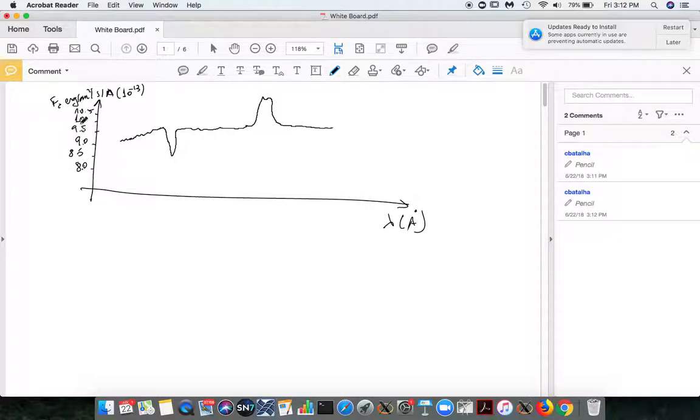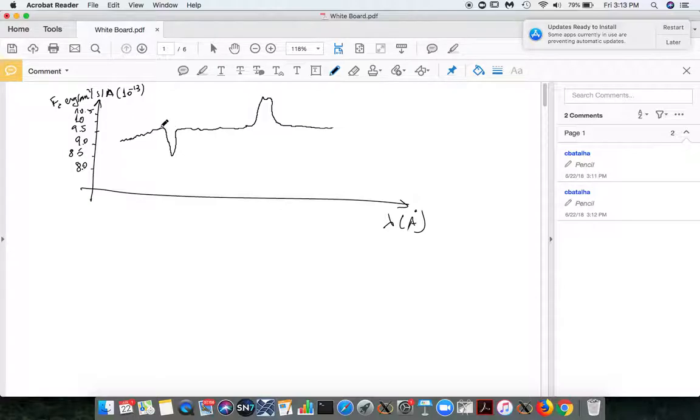So let's say we observed the flux of the star, and we were able to calibrate in flux, and these are wavelengths, and this is a continuum. The continuum is about 9.5 times 10 to minus 13 ergs per centimeter square per second per angstrom, and so on. Okay, good.